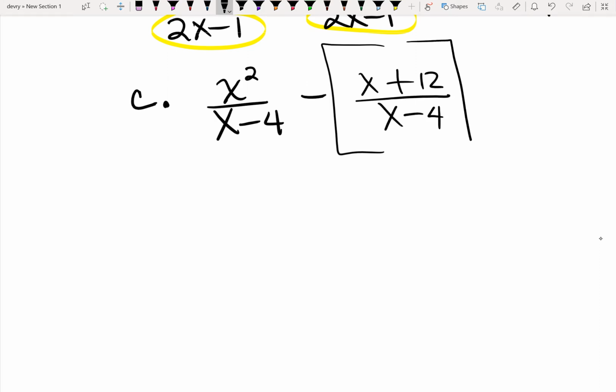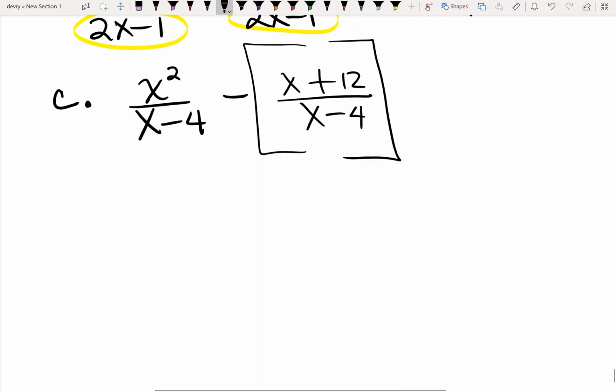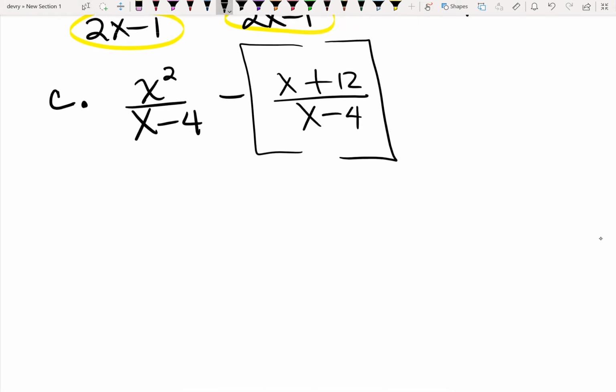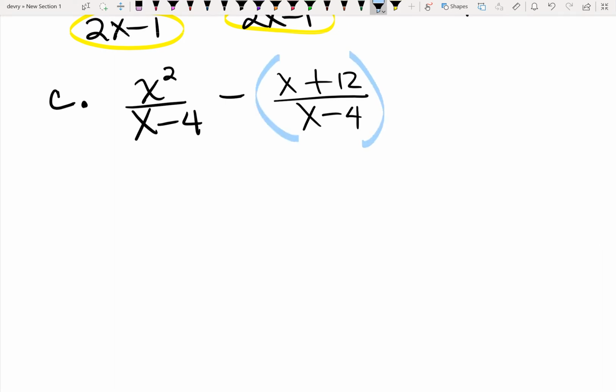Some teachers will tell you to use parentheses, which might actually be more reasonable. What happens is this negative has to affect both terms, because you're multiplying by the value of -1, which technically is in front of this. So it affects both sides. This becomes a negative, that becomes a negative.